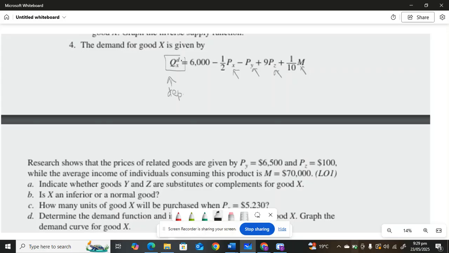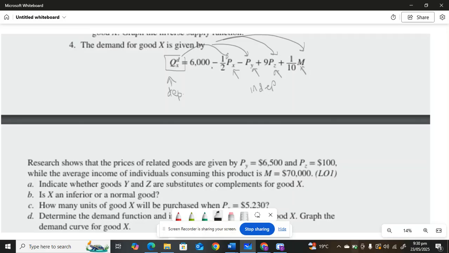It's dependent on the price of good X, the price of good Y, the price of good Z, and the average income. So we can tell the relationship between the quantity demanded and each of these independent variables, because the prices of these goods and the average income are the independent variables.